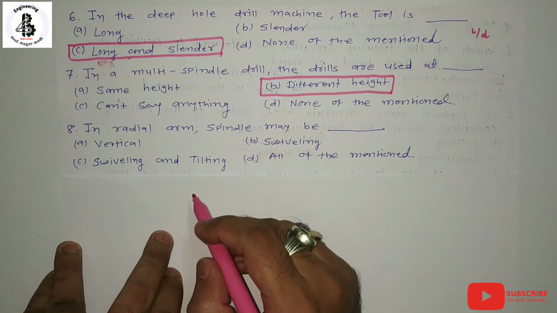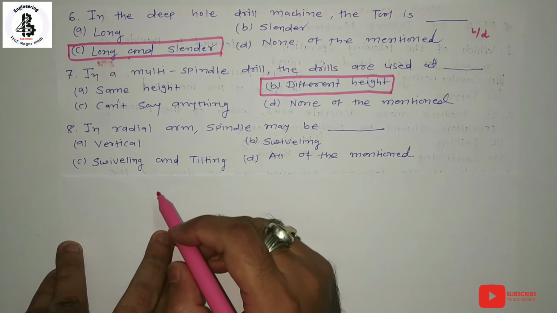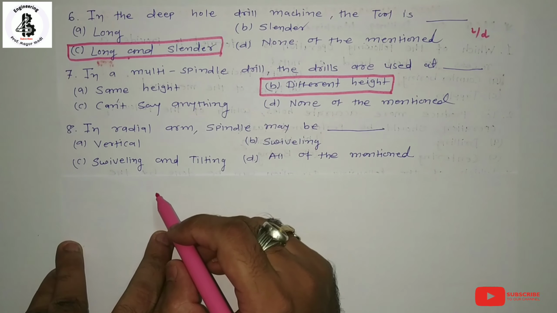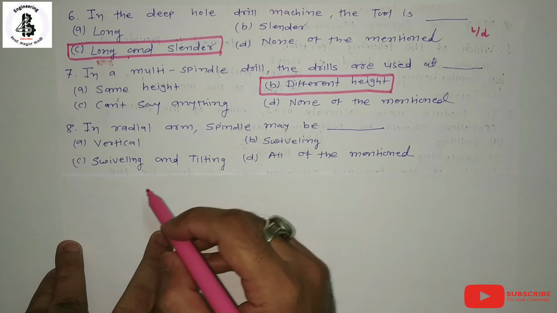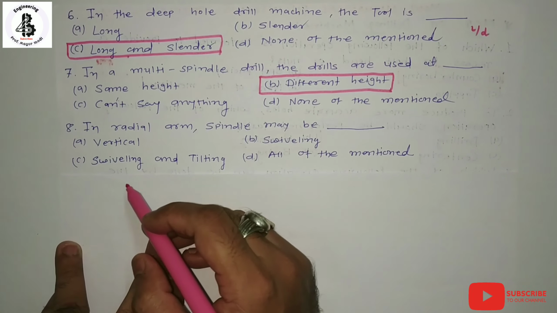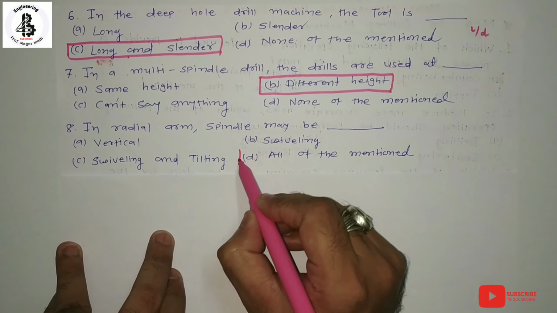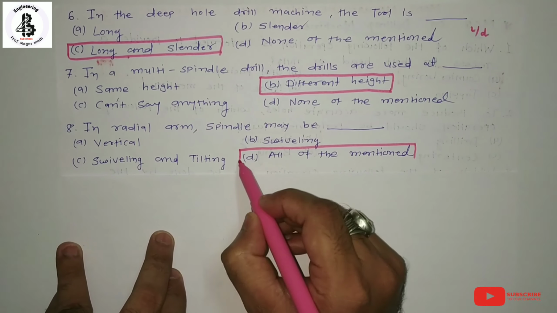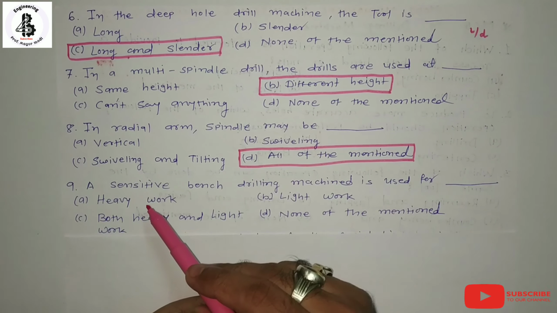In the case of the radial arm, the spindle may be vertical, swiveling as well as tilting, or you can say at some angles. So for the radial arm, the spindle may be A, B and C. So according to the given options, option D, all of the mentions. Then we will see the next question.